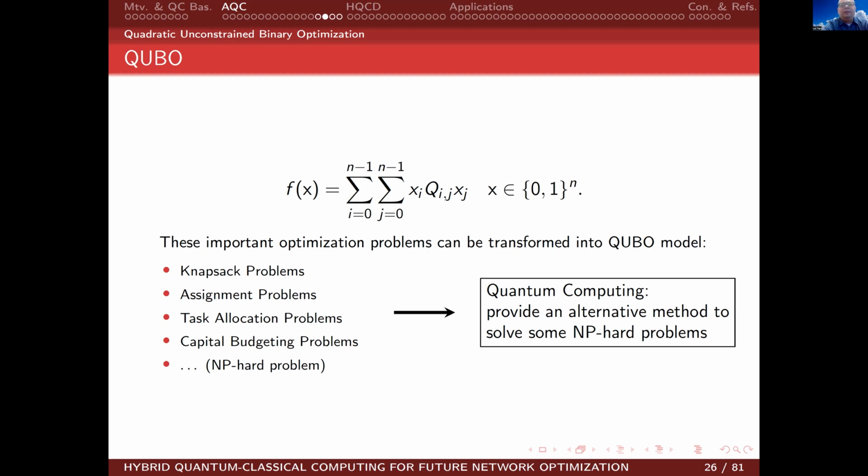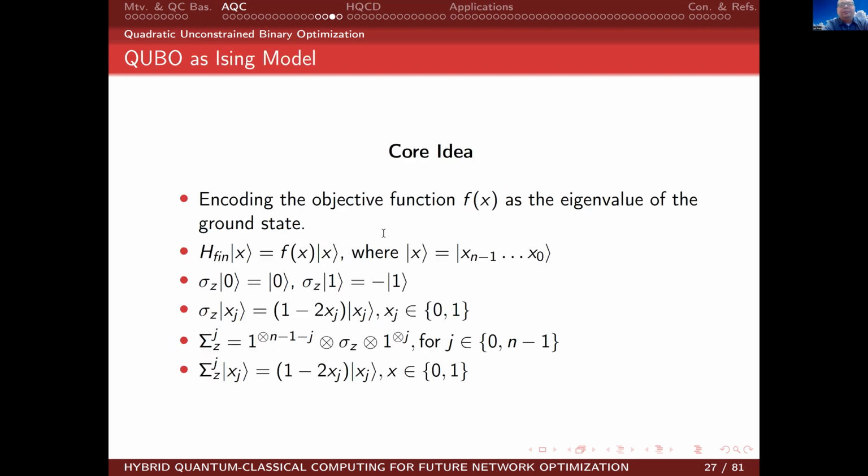And this kind of quadratic unconstrained binary optimization model is normally an NP-hard problem, unless you have a very, very special matrix Q. Otherwise, normally it is an NP-hard problem.